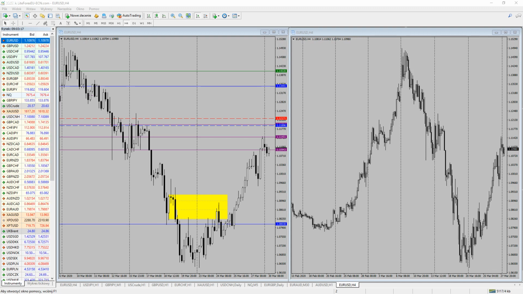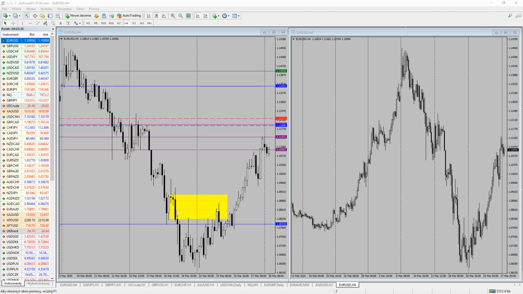So the one thing is to have a possibility to recognize it, to know what we are looking for on the chart. The second thing is that we have to make the choices which one we want to trade.